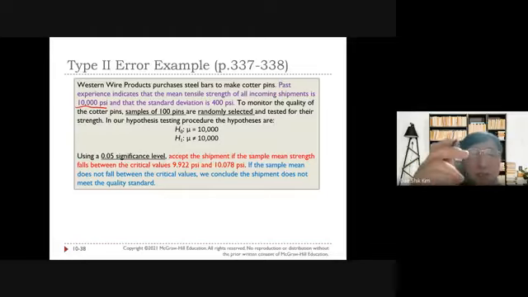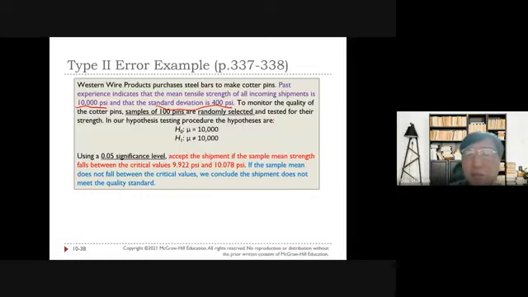So it is strength, not pound mass, and the standard deviation is 400. From our historical data, if the new incoming shipment satisfies this condition, it is good quality. If not, there is some problem.